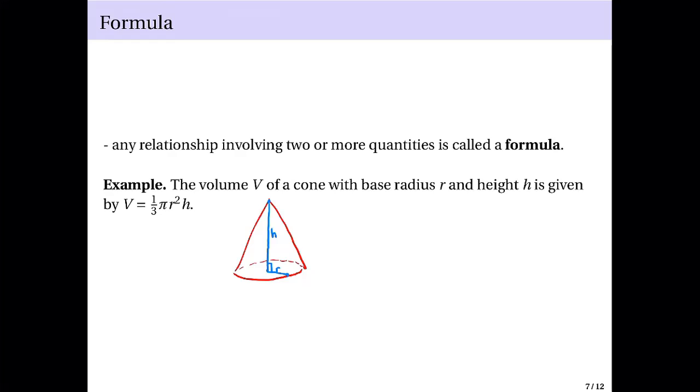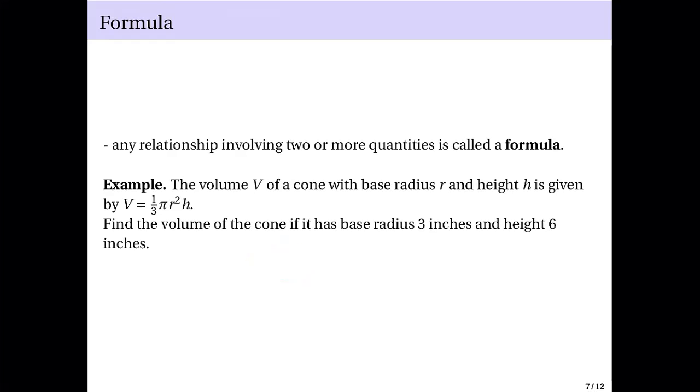So let's see. Find the volume of the cone if it has base radius 3 inches and height 6 inches. This is very straightforward. Your r is equal to 3 inches, and your height is equal to 6 inches. Therefore, volume is just 1/3 pi r squared h, so you have 3 squared and then 6, that's your h.